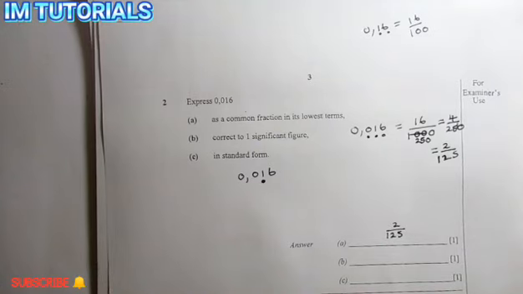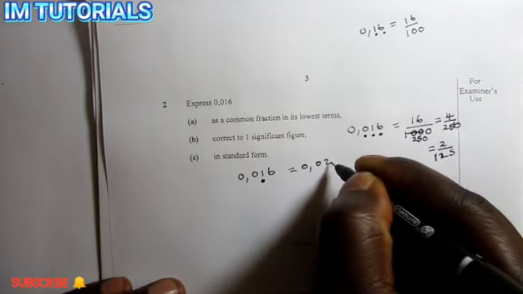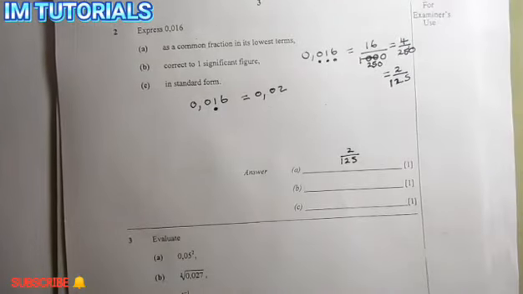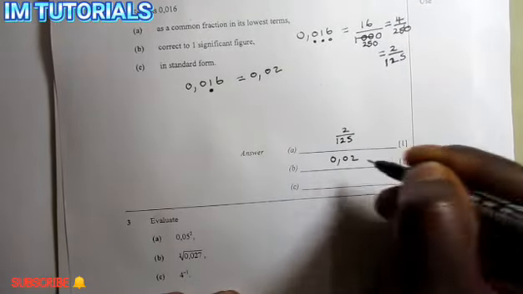It means that 6 is going to add 1 to the 1, so that 1 becomes 2. So your answer here is 0,02. You ignore the zeros when counting significant figures, but when presenting your answers, the zeros must be part of the final answer. So our final answer is 0,02.